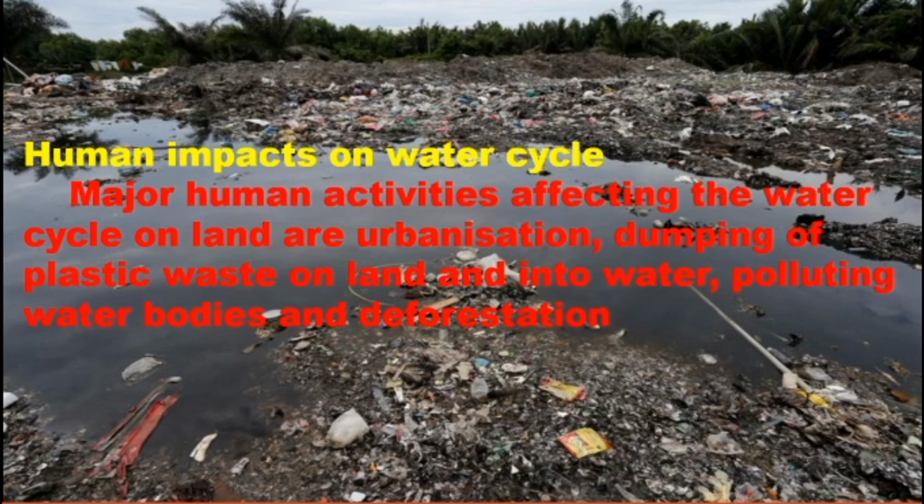Major human activities affecting the water cycle on land are urbanization, dumping of plastic waste on land and into water, polluting water bodies, and deforestation.